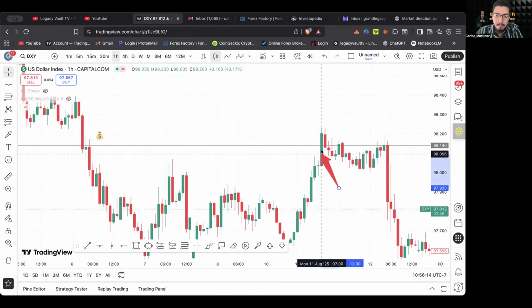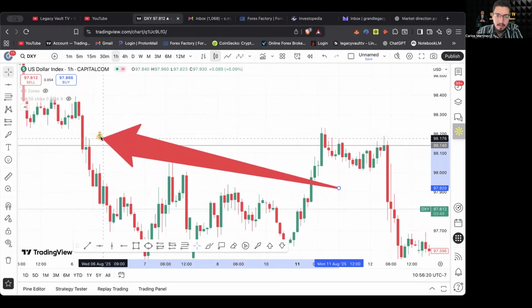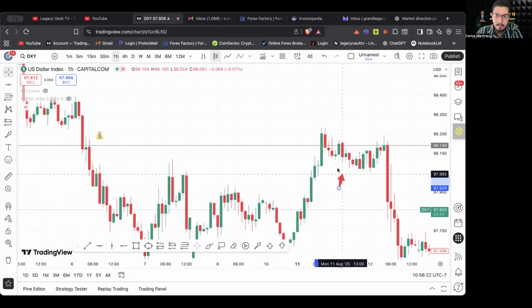It results in this huge engulfing bullish candle to wipe out the liquidity from these sells, these stop losses.